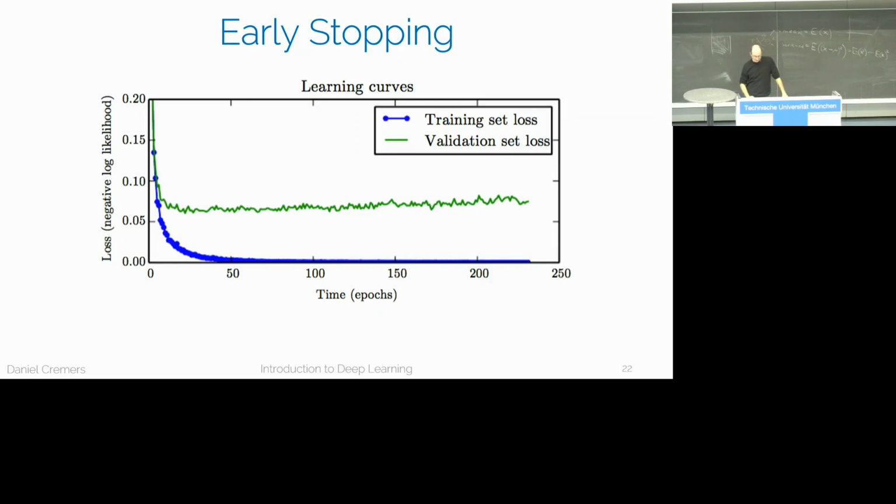So something that people have done is that they do early stopping. So they look at the validation curve, and once the validation curve goes up again, they stop. I train my network, but once it starts to overfit, I stop it. Hopefully by then it hasn't overfit to the training data yet.